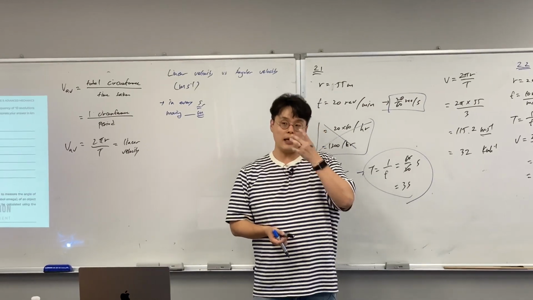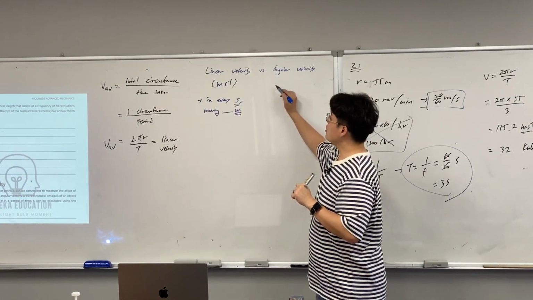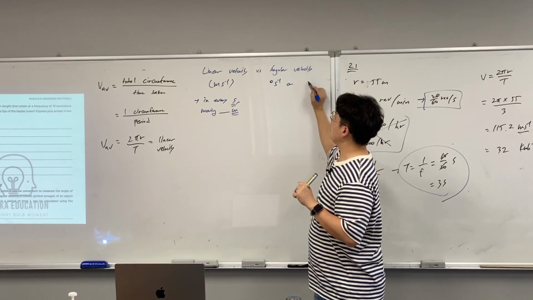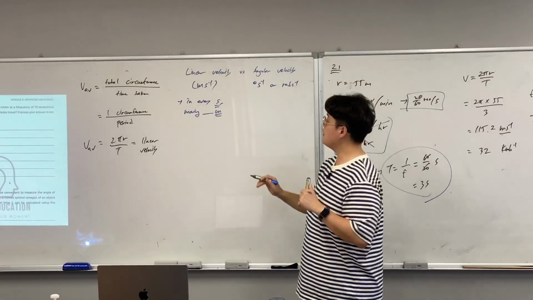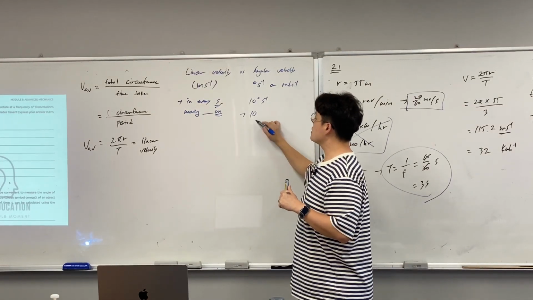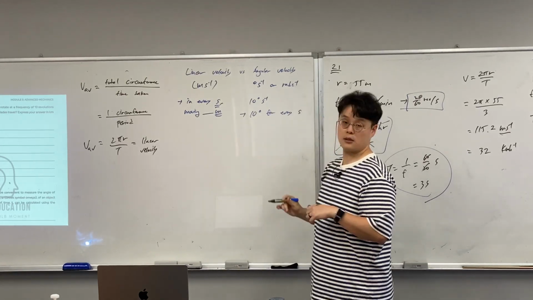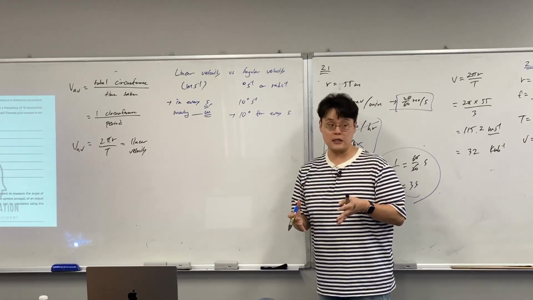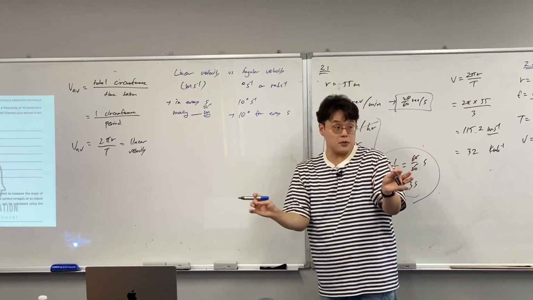Now, angular velocity is similar, but slightly different. Angular velocity has a unit of degrees per second or radians per second. So for example, if you have 10 degrees per second, it means it moves 10 degrees for every second. So we're not considering how far it moved in terms of distance.